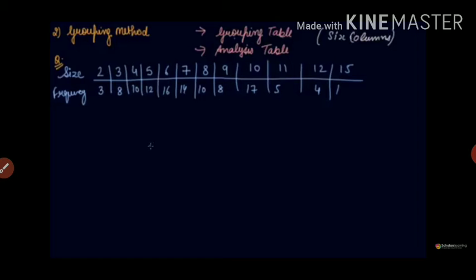Now in the grouping method, you make 6 columns. Let's understand it. Here you take the size, then you take the frequency. The size is 2, 3, 4, 5, 6, 7, 8, 9, 10, 11, 12 and 13.